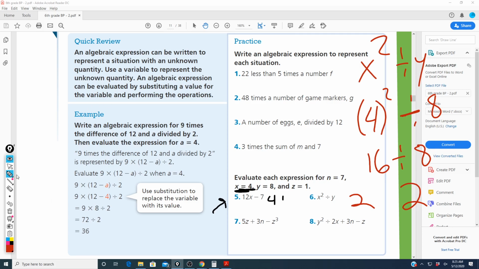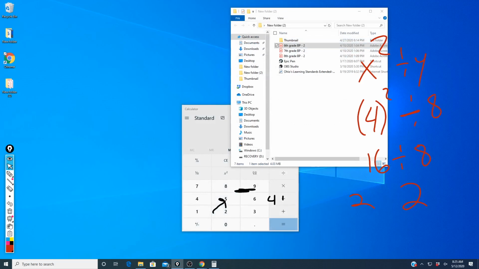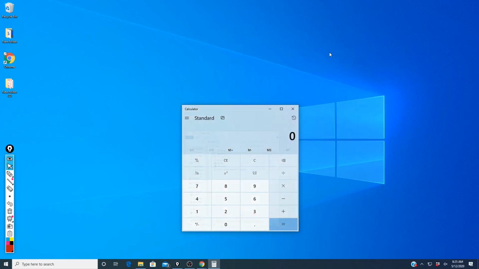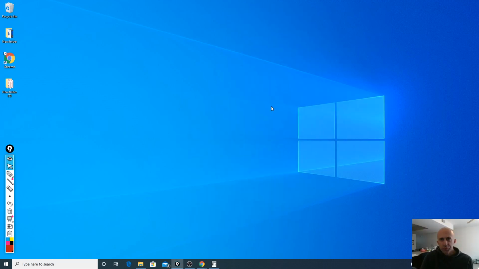With that being said, just remember, guys, evaluating expressions is about substitution and just using your order of operations. Remember, order of operations: Please Excuse My Dear Aunt Sally.